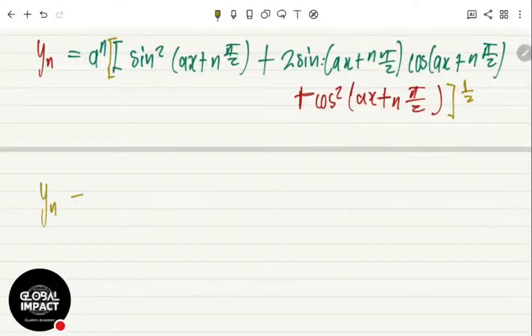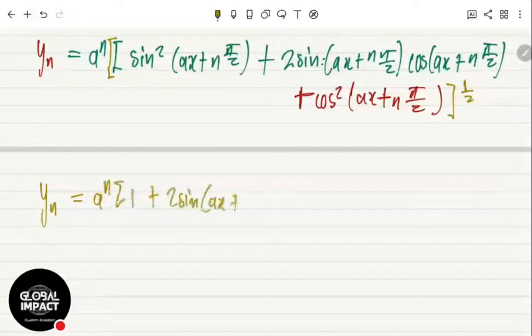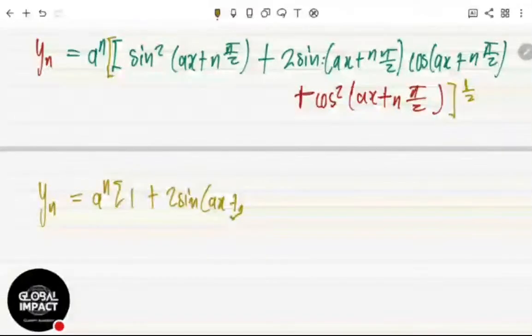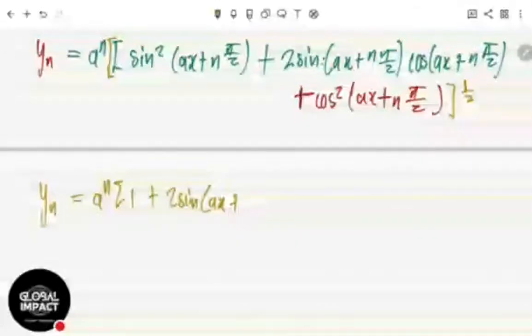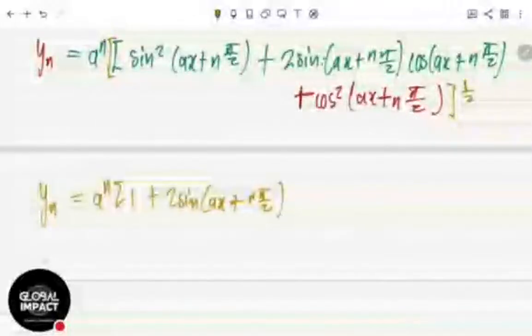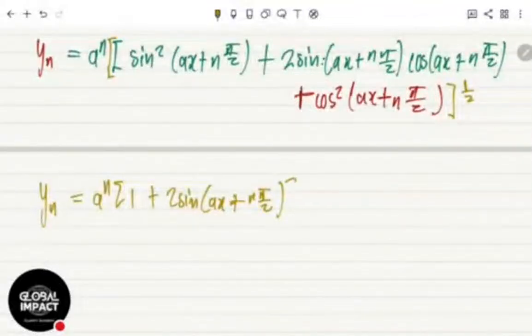So you now have y to the n equal to a to the n, then 1 plus 2 sine of ax plus n pi over 2, all to the power of half.